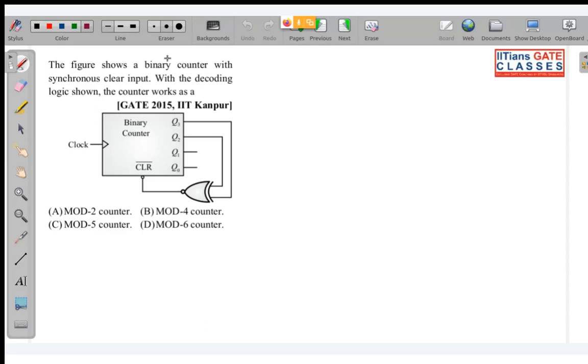Okay, let us check. So what is given? The figure shows a binary counter with synchronous clear input with encoding logic shown. The counter works as. What is this counter? You can see over here that this is clear bar. So clear bar means this is your up counter.